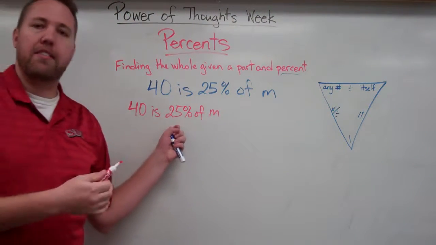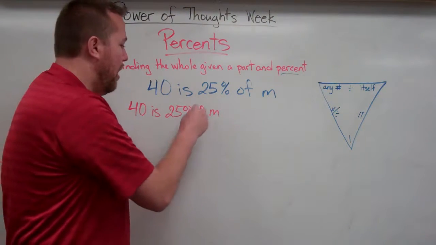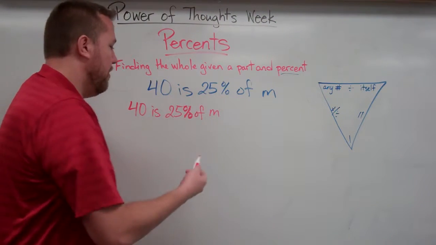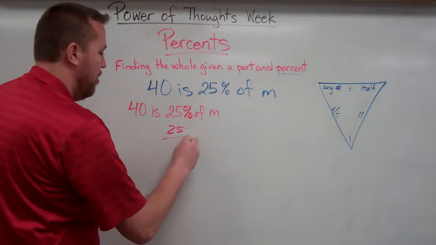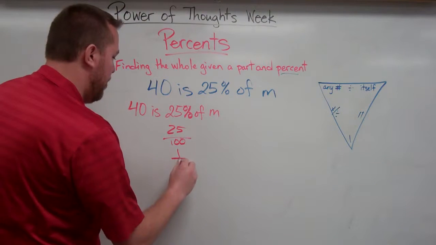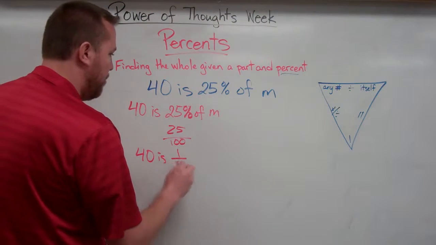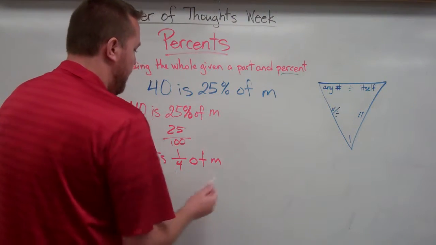I want to convert this into a fraction. Percent means out of 100, so 25 over 100. I'm going to simplify that further to 1/4. Rewrite: 40 is 1/4 of m.